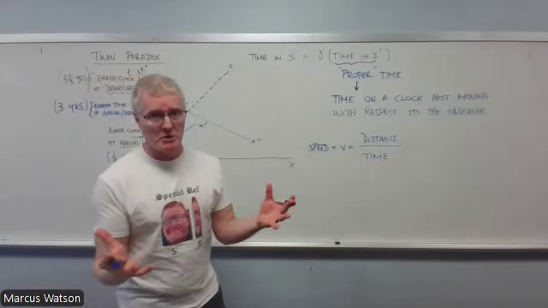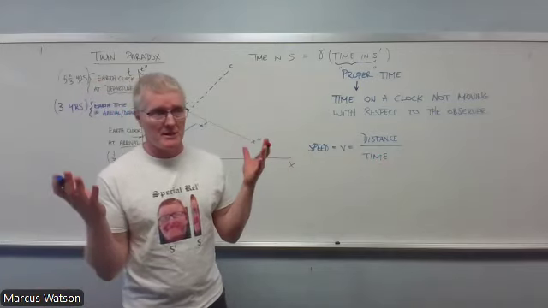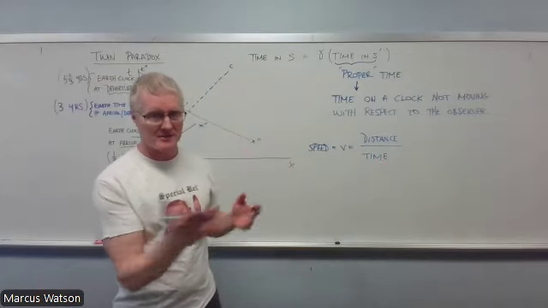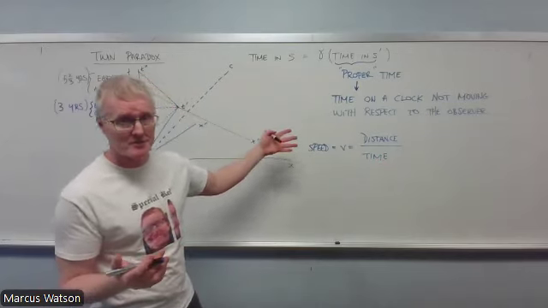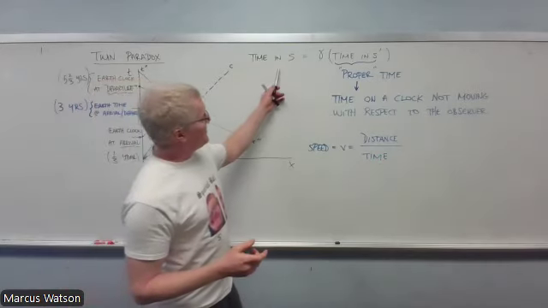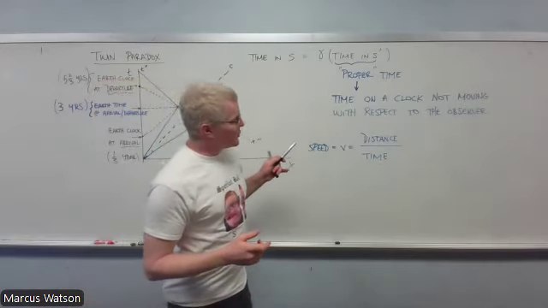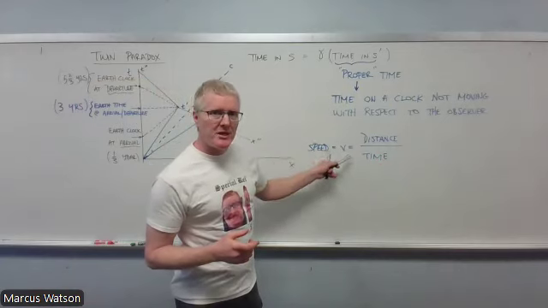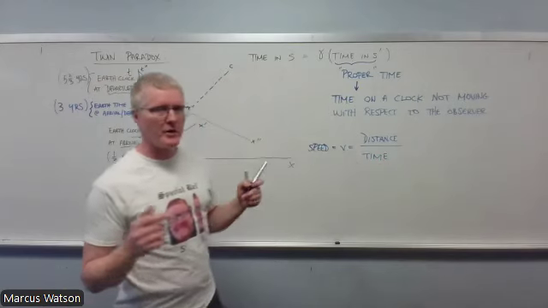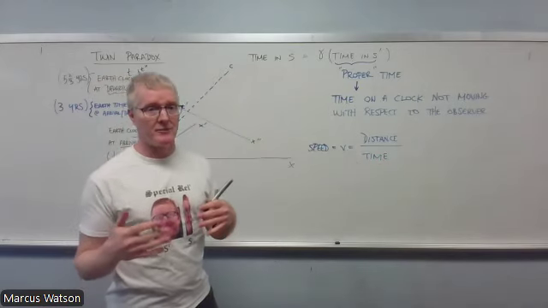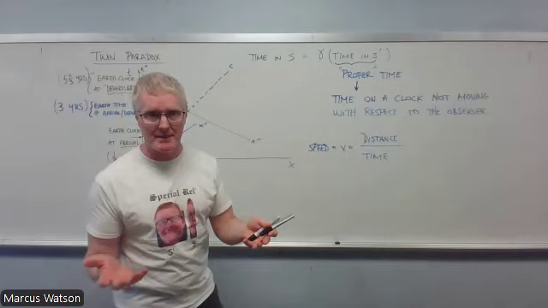There's no accelerated motion that we're talking about here because we're talking about constant speed, constant velocity motion. So we only have to worry about distance over time for speed. But the problem is that we're going to have an issue with the time.